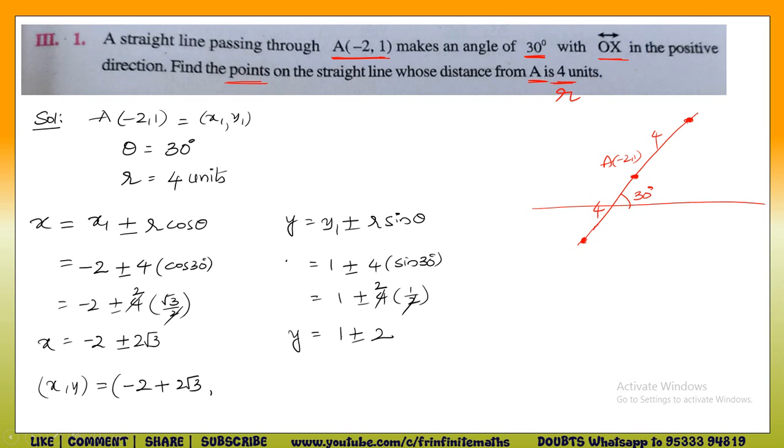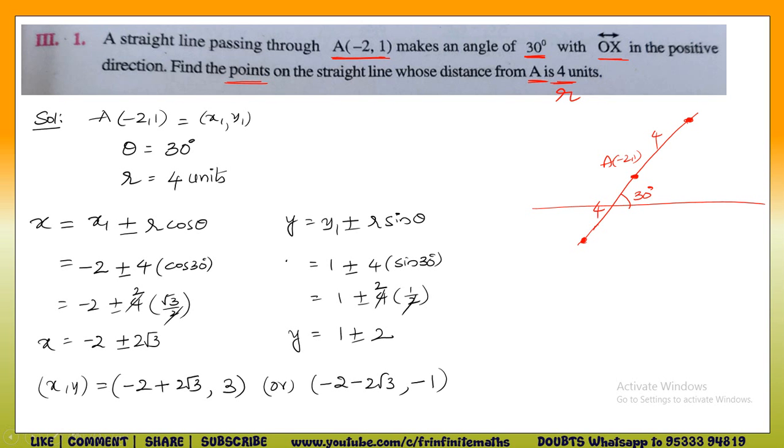This is my x coordinate and the y coordinate is 1 plus 2, which gives me 3. For the other point, when I consider minus, we have minus 2 minus 2 root 3 comma 1 minus 2. So 1 minus 2 is minus 1.